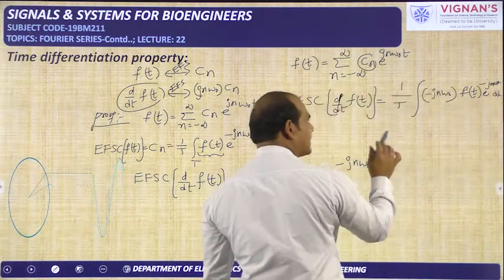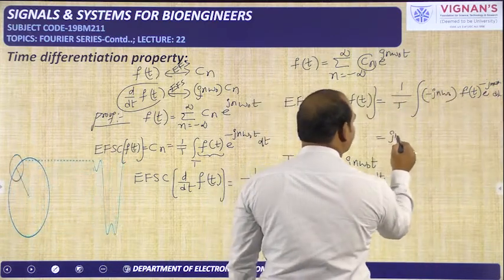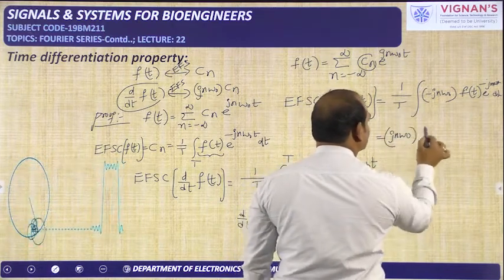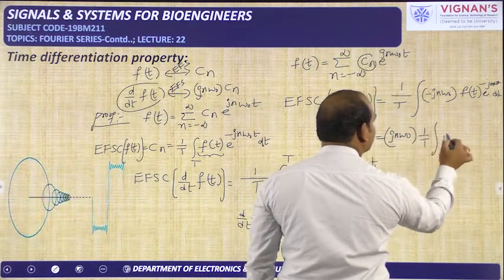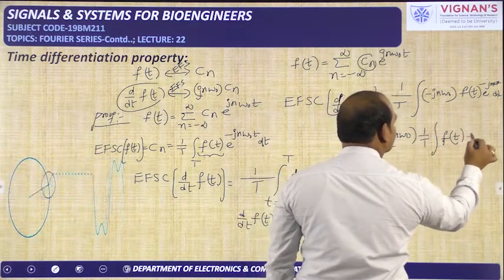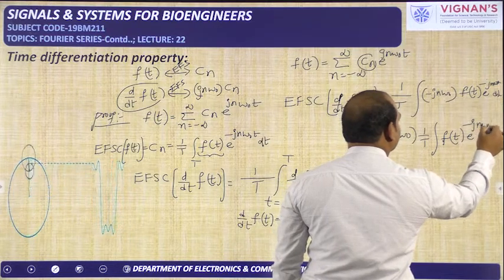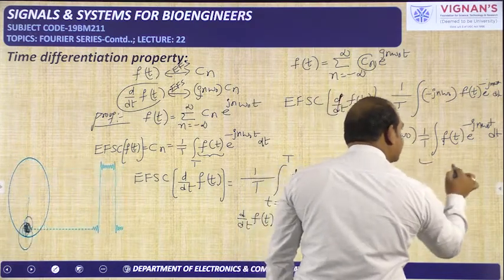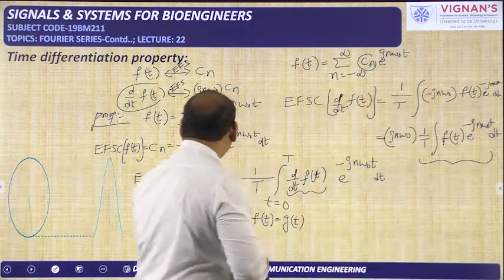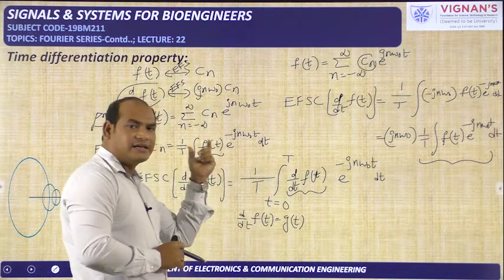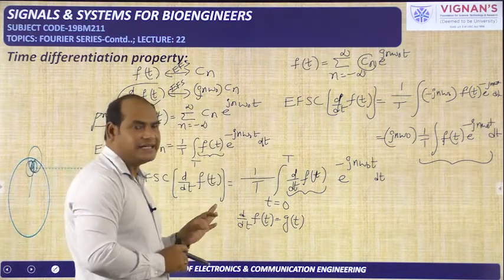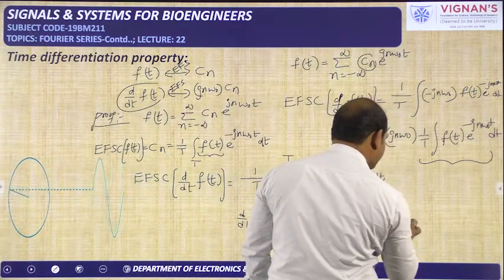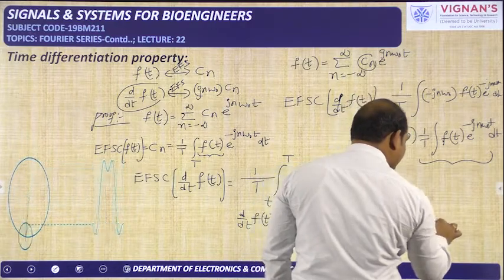This j n omega naught we can write outside, and that minus will be cancelled with the integral reverse equation. So 1 by T integral f of t e power minus j n omega naught t dt. The extra thing here is j n omega naught, but this entire thing is again Cn. Here the Cn formula, 1 by T integral f of t e power minus j n omega naught t dt, so this entire thing we can replace with Cn only. So it is equal to j n omega naught into Cn.